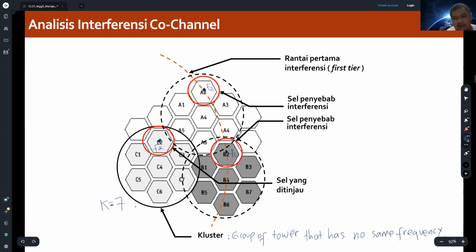This one F2, this one F2, this one F2, right? Now, if we draw a circle around the group of interferers like this, that's what we call the first chain of the interference, or the first tier of the interference.